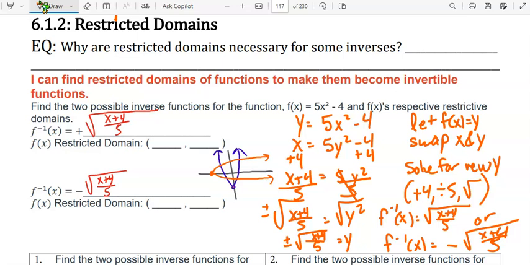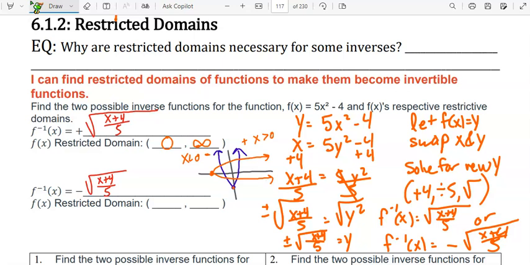You'll do that by looking at the vertex of the original function. It's decreasing when x is less than 0, and it's increasing when x is greater than 0. So for our positive inverse function, the restricted domain would be talking about this side, 0 to infinity.